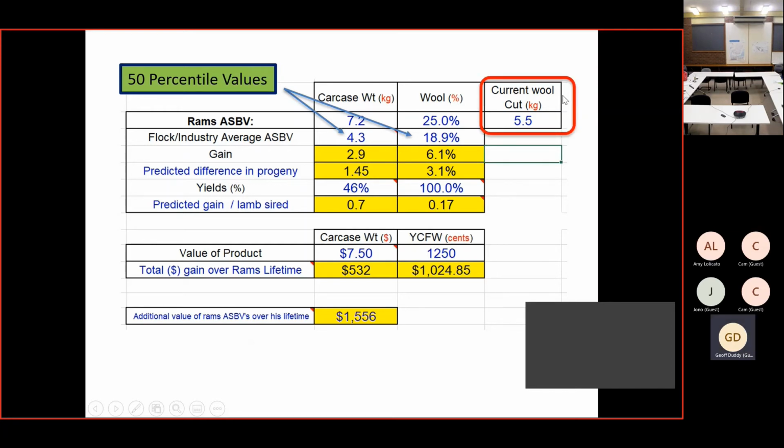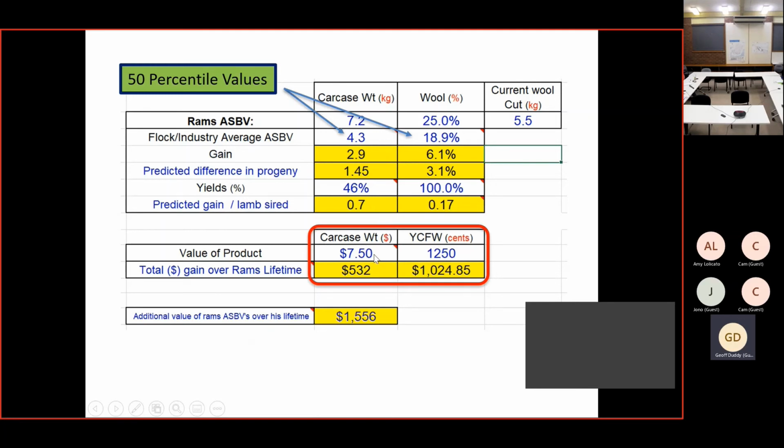You put in here your wool cut, and so we're saying here 5.5 kilos clean. This value here is 100%. If you actually put in your greasy there, you then need to change this and put the yield percentage in there. It then predicts what gain you're going to get per sire. We then put in a price that we can sell the carcasses for.